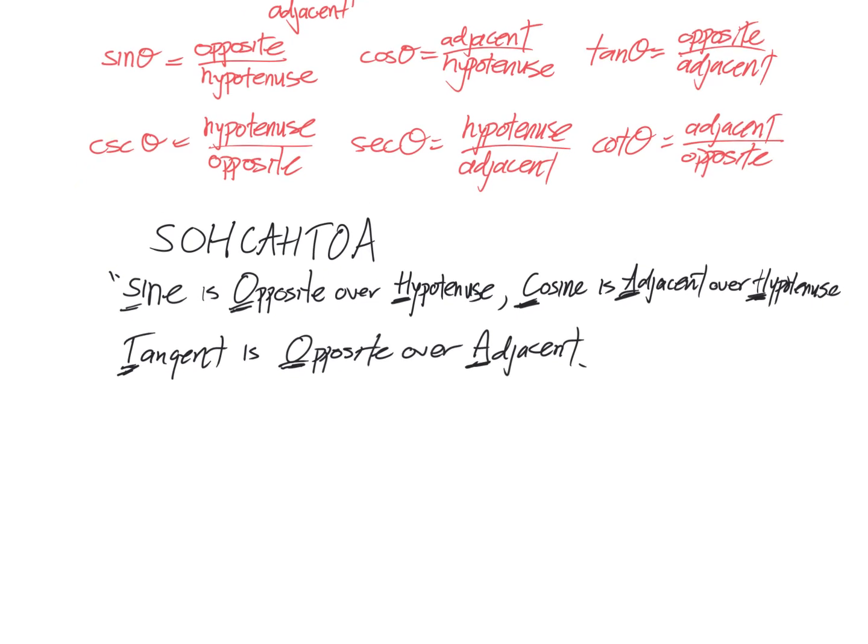Now, looking at these ratios, we can get other things. So notice if sine is opposite over hypotenuse and cosecant is hypotenuse over opposite, they are inverses of each other, and so we have the reciprocal identities.